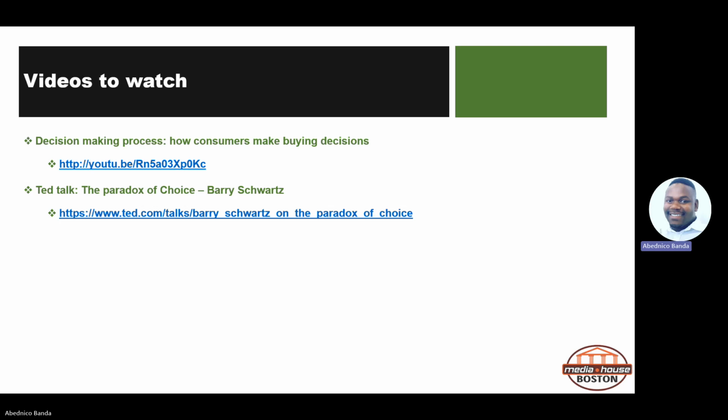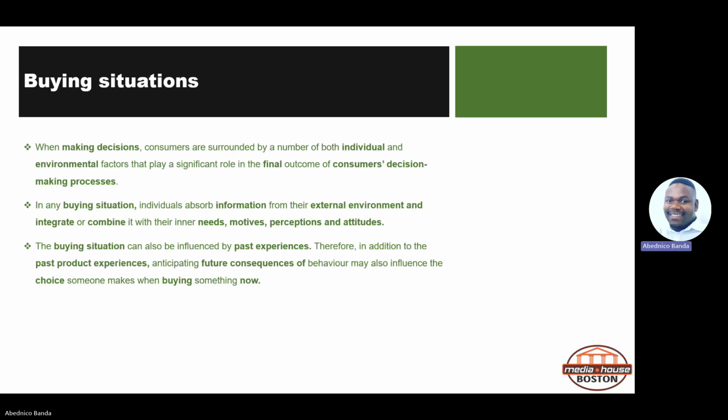Sometimes you can have information way before you have a problem. It normally happens. You go to the mall, you come across something nice, and you think, let me get this so that tomorrow when I've got this problem, I'm going to use it. So what I'm trying to say is that these steps are not sequential. Sometimes they can be haphazard. So buying situation.